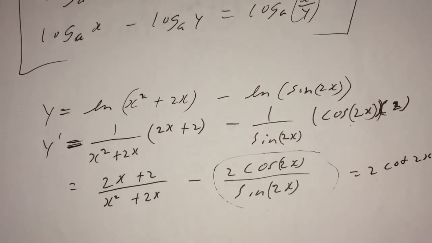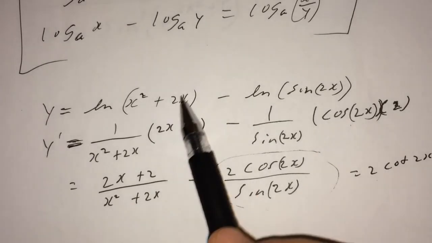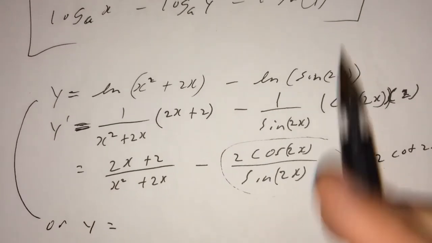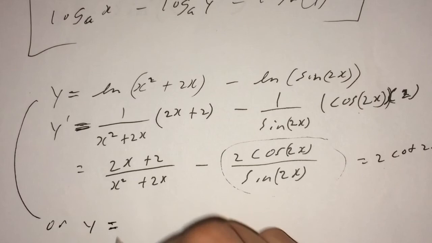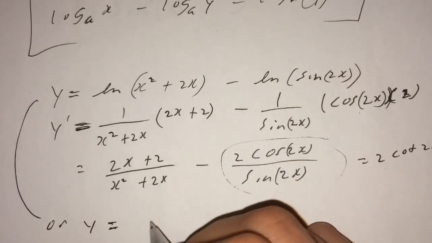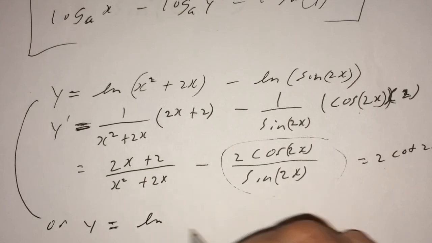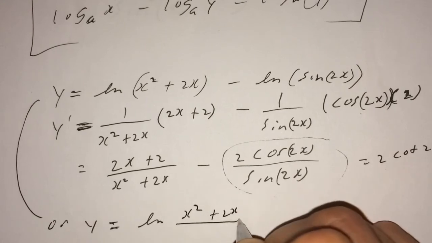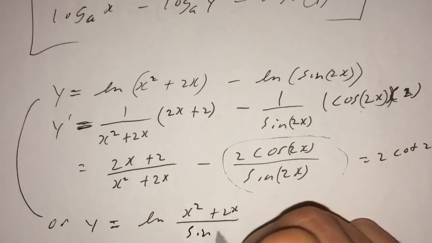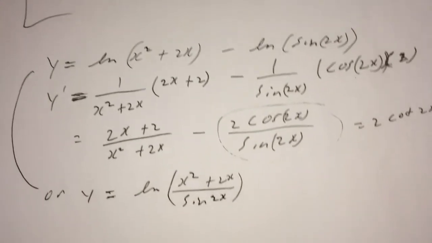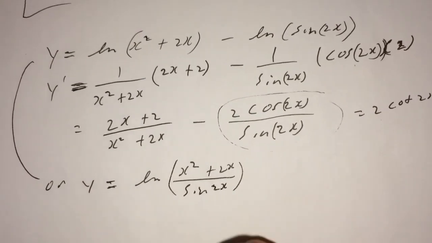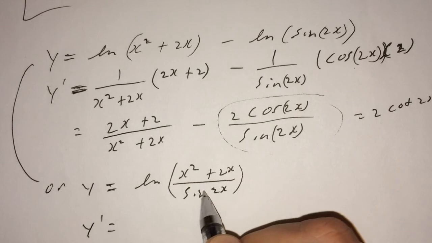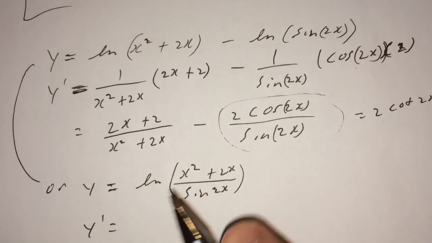Sorry, that was out of the camera there. So that's an example. The other thing you could do with this is, y equals, using this subtraction, you could write that as ln of (x squared plus 2x) all over sine 2x, using the log rule, and then take the derivative. So y prime equals 1 over that, which is just the reciprocal.